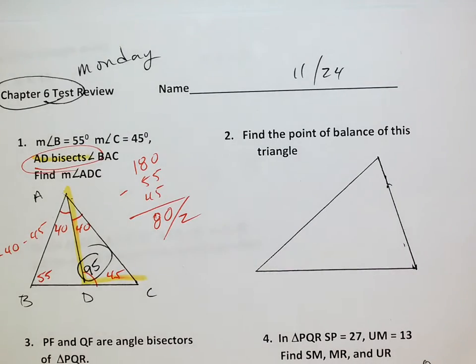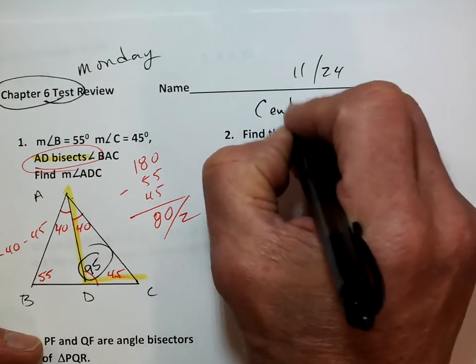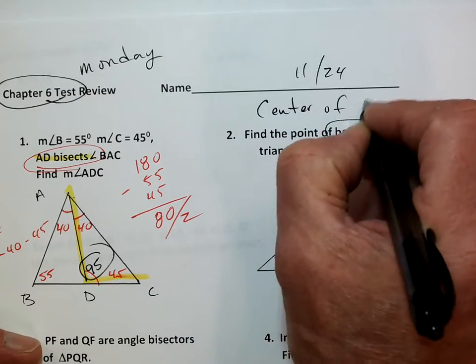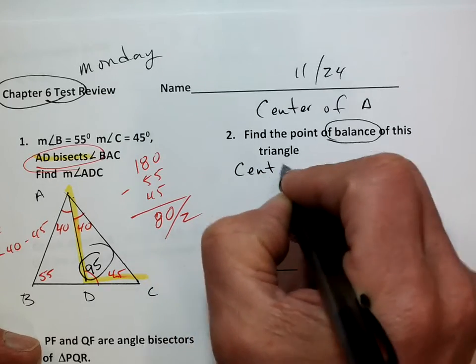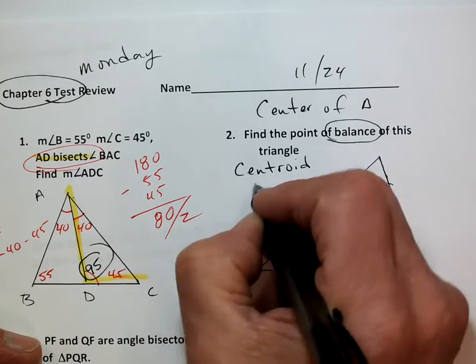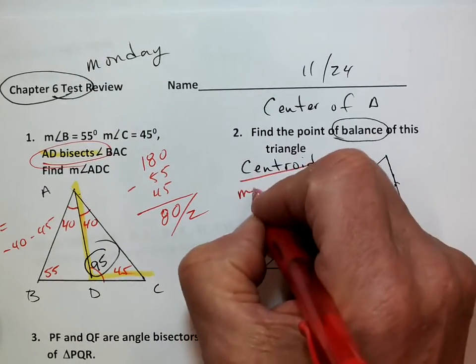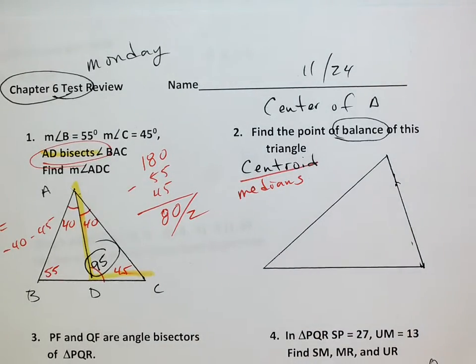All right. Number two is easy if you know what the word means. If I want to balance this, that means I'm looking for the center of the triangle. Well, that would be the centroid, wouldn't it? If I'm looking for the centroid, what I want are the medians, and median means middle.